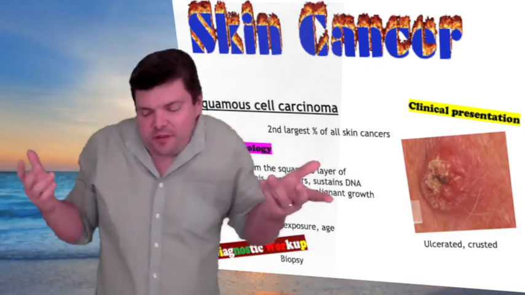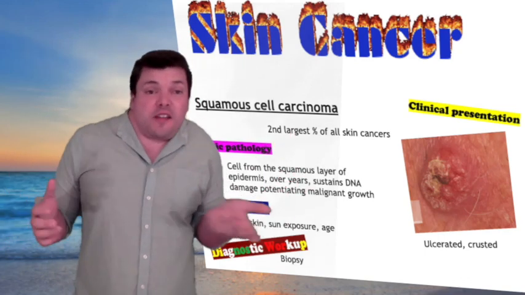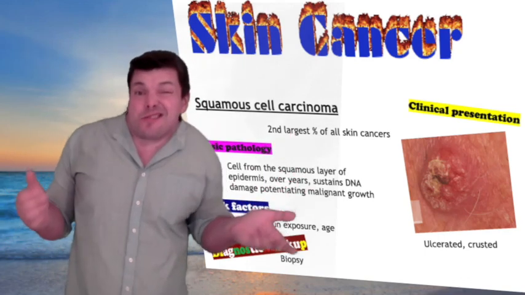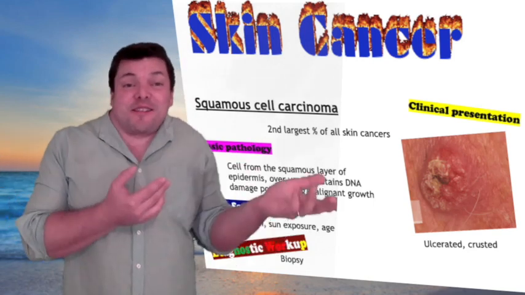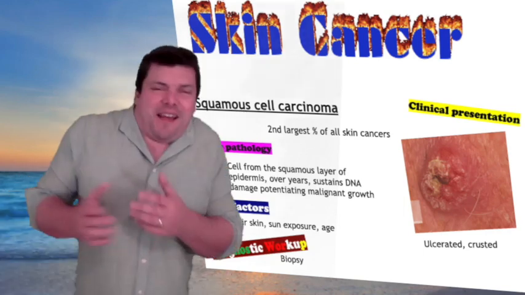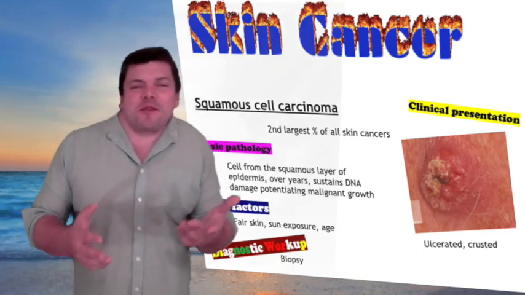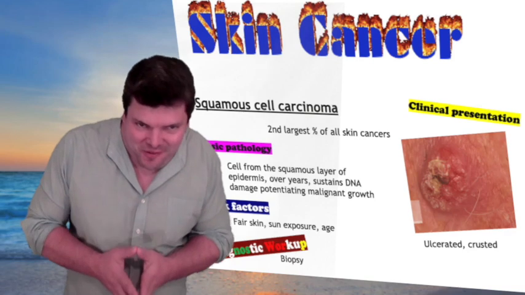So if basal cell carcinoma comes from the basal layer of the epidermis, can you guess the cell of origin for squamous cell carcinoma? Yes, the cell of origin for squamous cell carcinoma is a squamous epithelial cell.